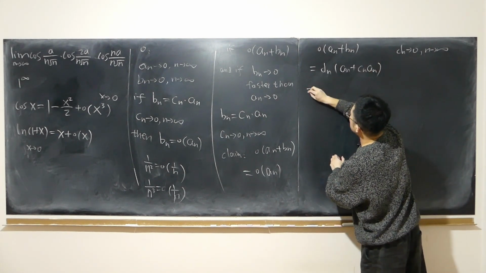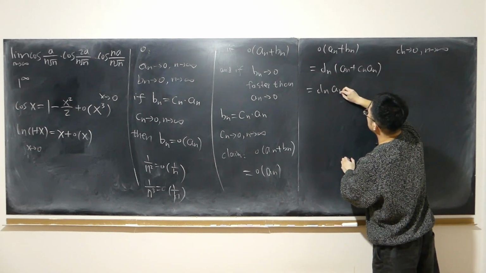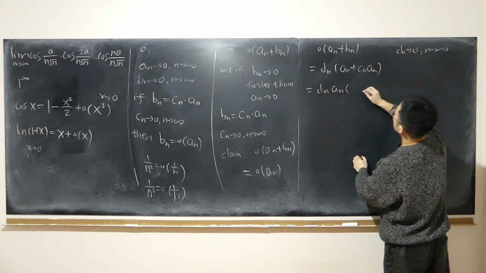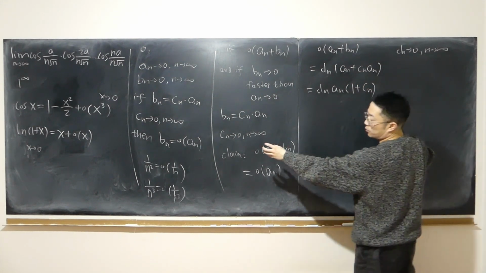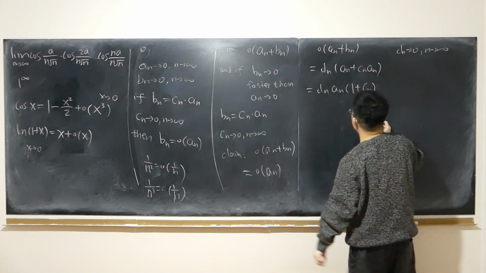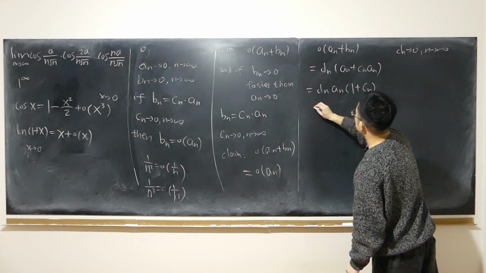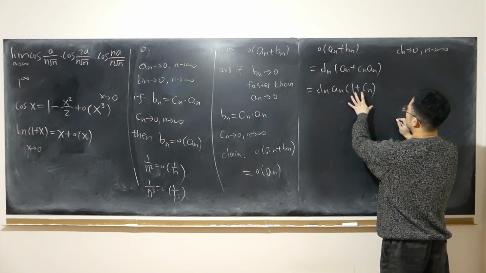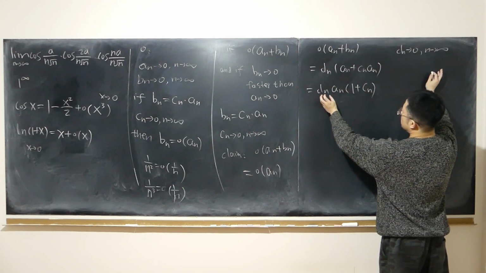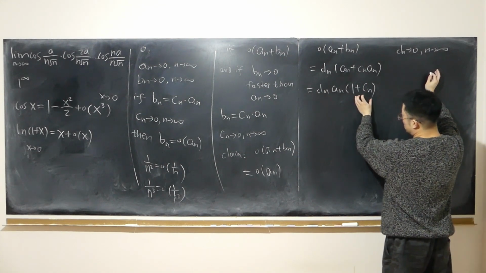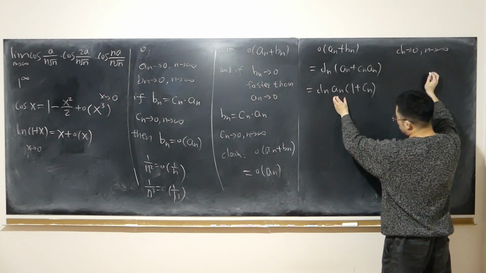If I extract an out, I'm left with 1 plus cn, where cn approaches 0. So the whole thing approaches 1. But dn approaches 0, so dn times this still approaches 0. Something approaching 0 times an.